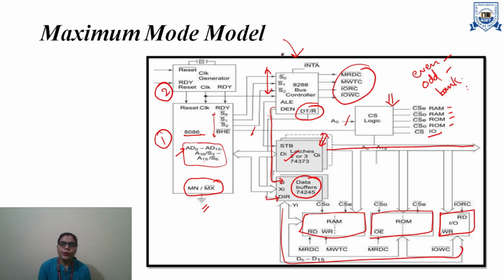So in maximum mode model, we will have the 8086 component, clock generator, then a bus controller, memory components RAM and ROM, input output chip, chip selection logic for bank selection or chip selection, and demultiplexing components of multiplexed buses, the address latch and data buffers. In this way, we can draw the maximum mode model for the 8086 microprocessor.